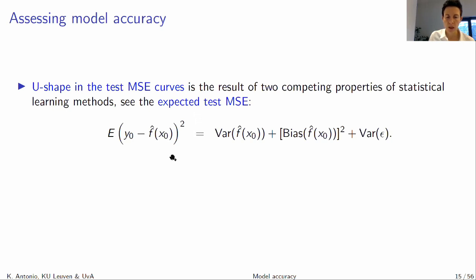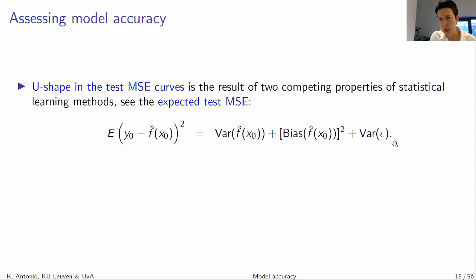And we can see that by looking into the expression for the expected test mean squared error. So we're going to look at the expected value of the difference between y naught, a new observation, and the prediction that we construct for this y naught, that's the f hat evaluated in x naught. So we're going to look at the expected squared difference between these two.